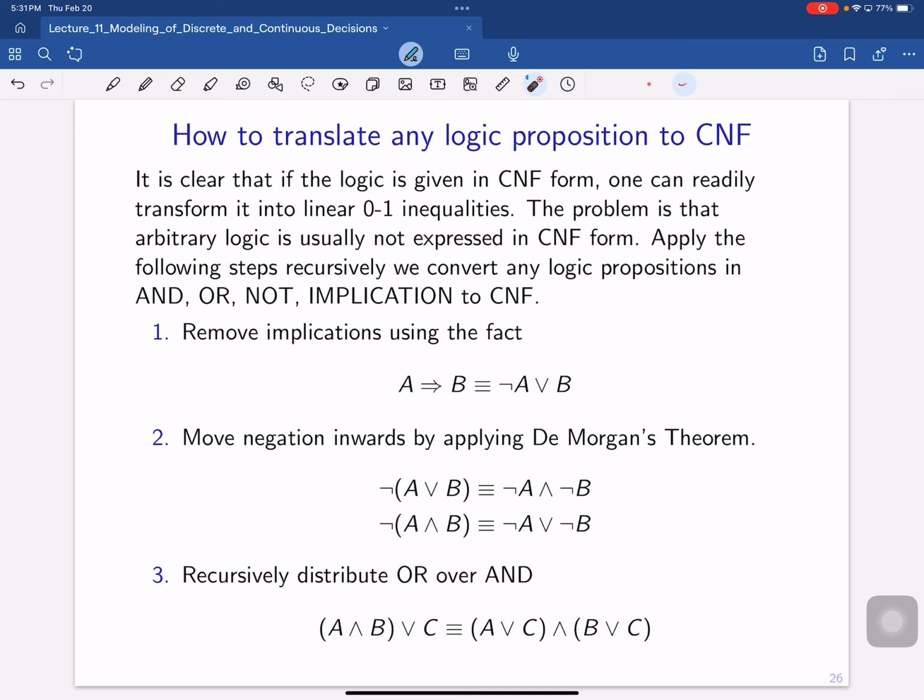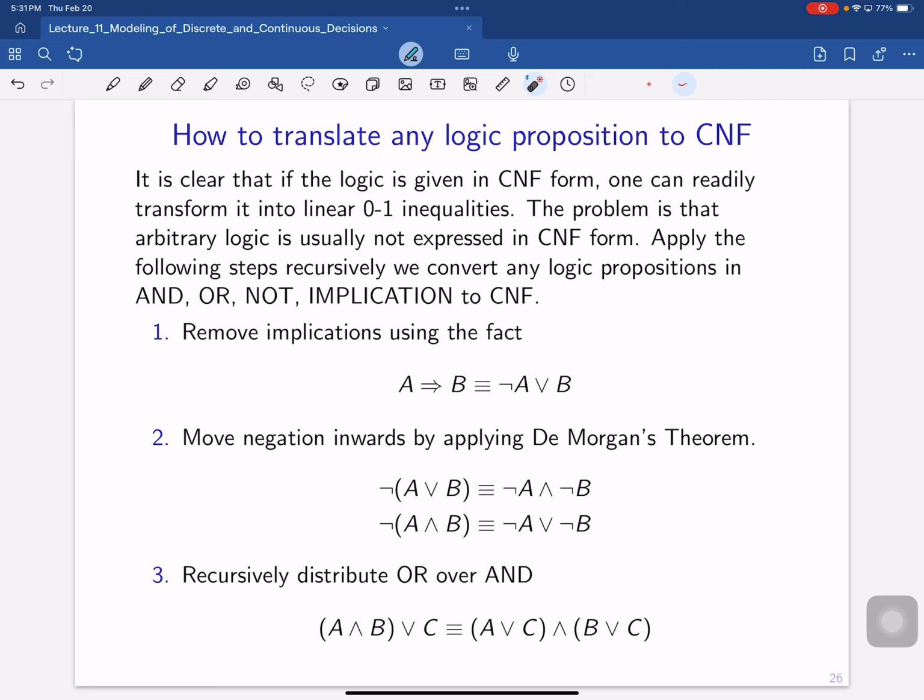Then the second thing to think about is in conjunctive normal form, the negation is within the parentheses. There is no negation outside. All the negations are associated with the logic variables or the literals. So therefore, you should apply De Morgan's theorem to bring the negations inside. Now, all the negations will be associated with each of these variables here.